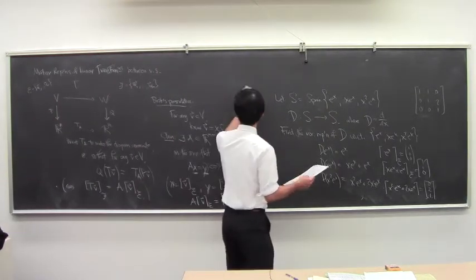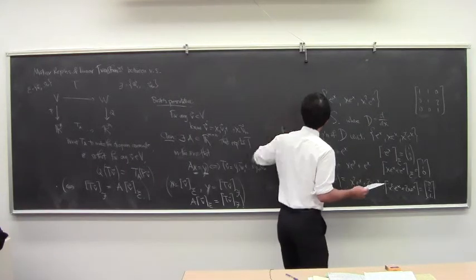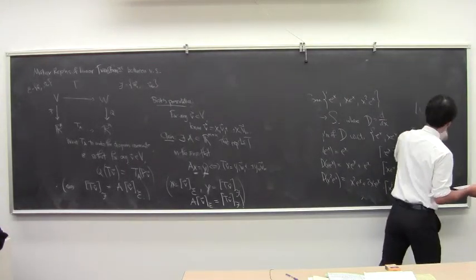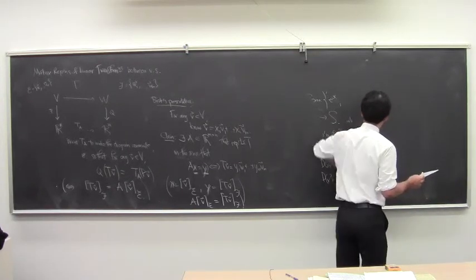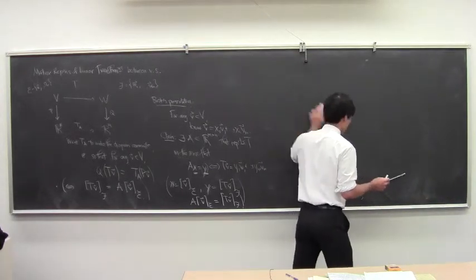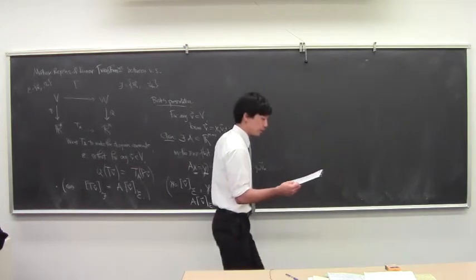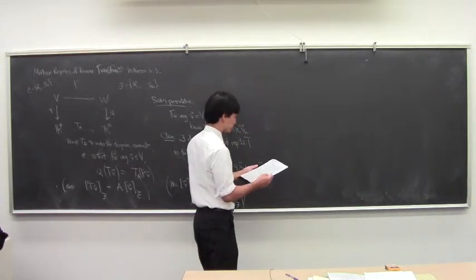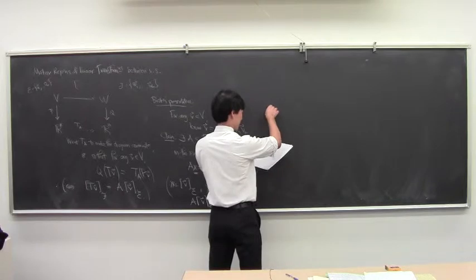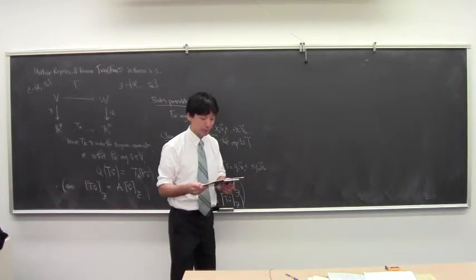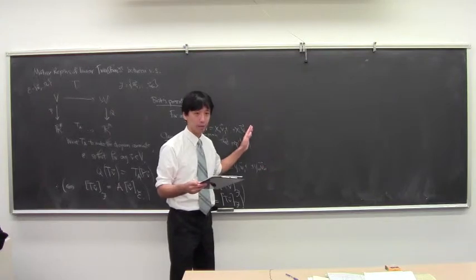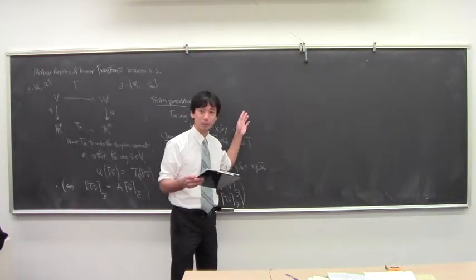Okay, so matrix representations of linear transformations between vector spaces. We'll do something strange right now, which is we'll do this where the vector spaces are already themselves Euclidean spaces.